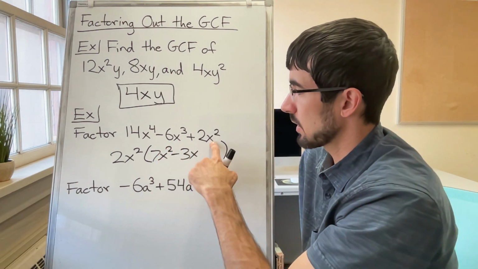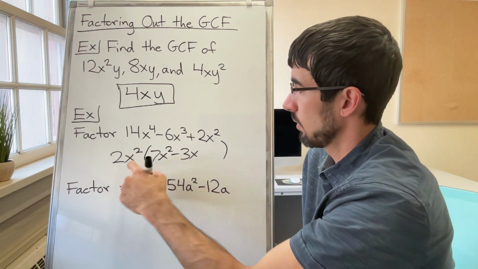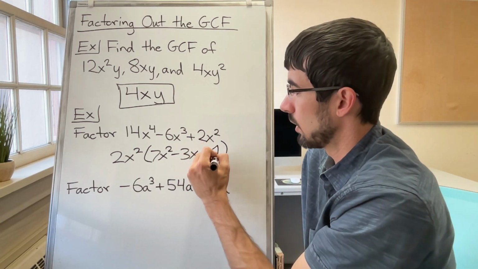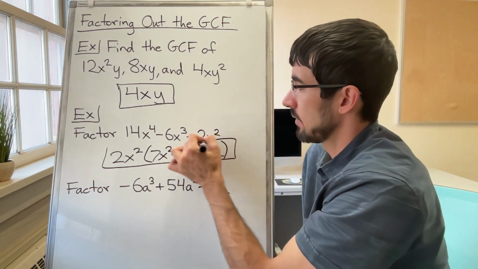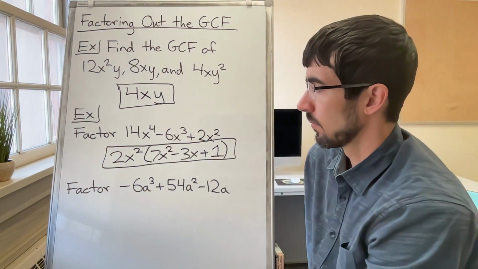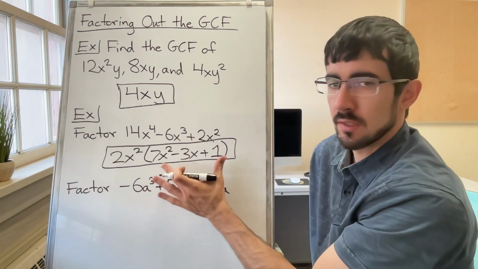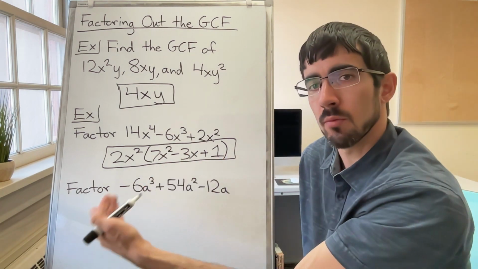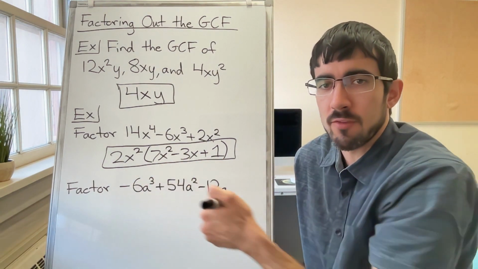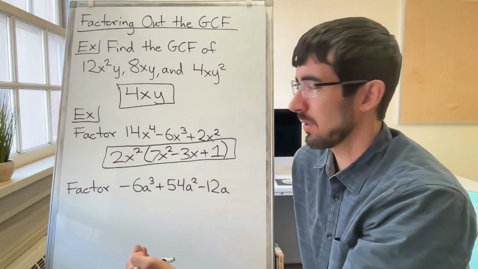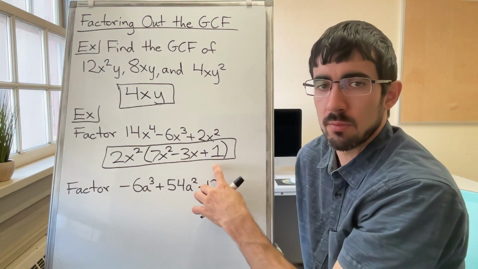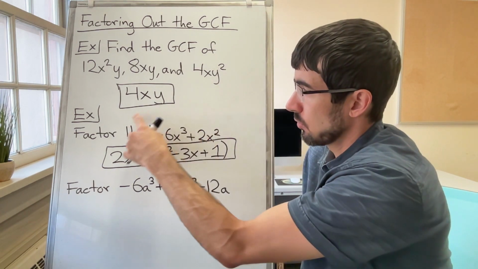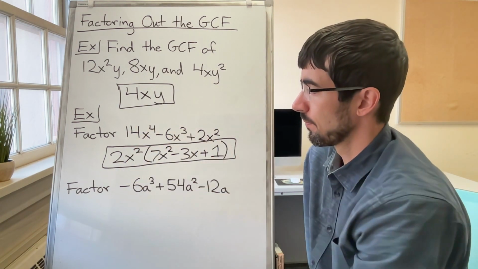And finally, 2x squared divided by 2x squared, that's positive 1. So here's our factored form of this polynomial: 2x squared times this trinomial. I can check my work by multiplying. Remember, factoring is the opposite of multiplying. So if I multiply this out term by term using the distributive property, I should reach this trinomial.